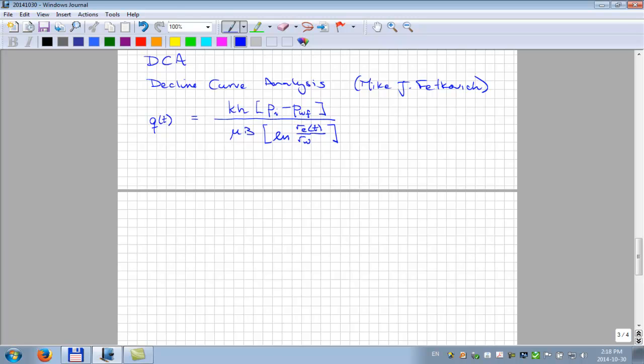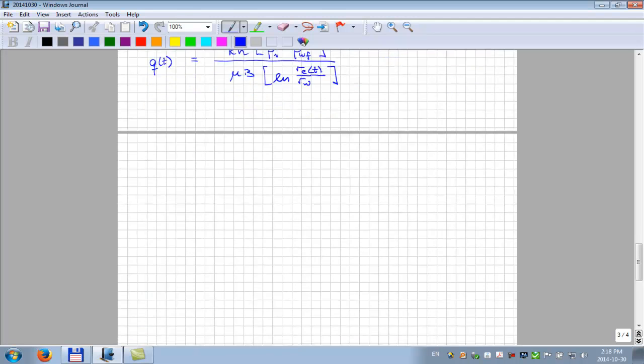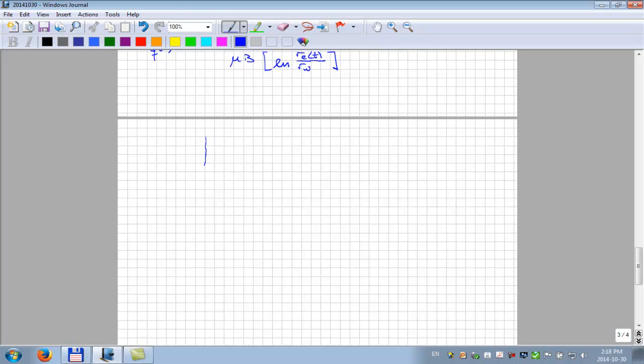You take your well, put it on a different bottom-hole flowing pressure. She takes her well, puts it on a different bottom-hole flowing pressure, and we all go in and make a plot of rate versus time, again with a log scale. Now we're plotting rate. And what is it going to look like?